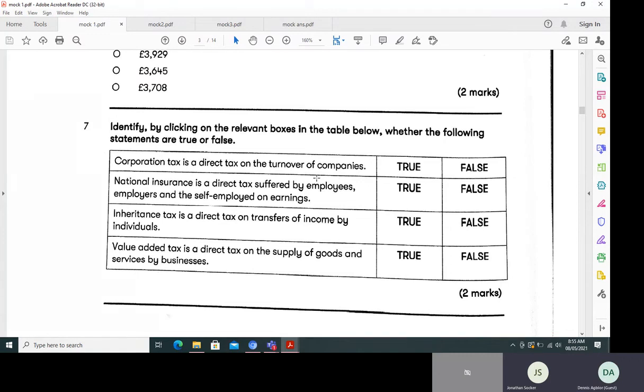You say true. I know it's a direct tax, but I don't know whether it's on turnover or on something. Have you gone through your corporate tax? Yeah, I've gone through it.